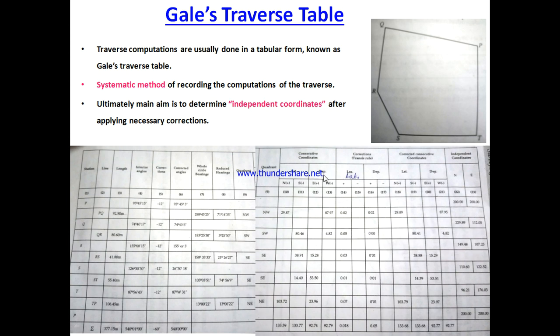After calculating all the latitudes and departures of the different traverse lines, considering proper sign convention, what we need to do is the algebraic summation.